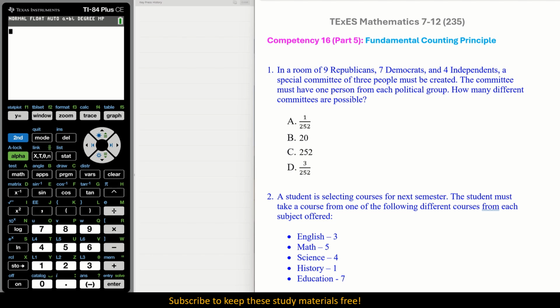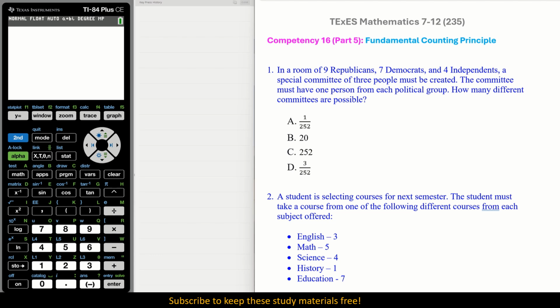Okay, so we could also think of this first as, what would the probability be for taking one person out of each group? Each of the groups has a total amount of people.